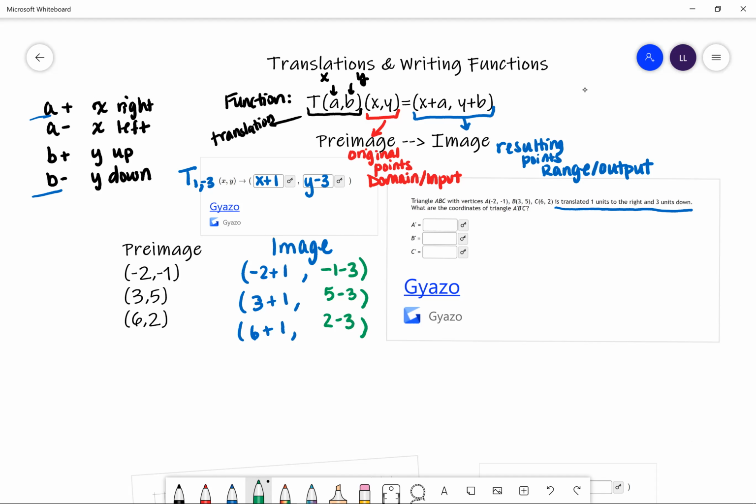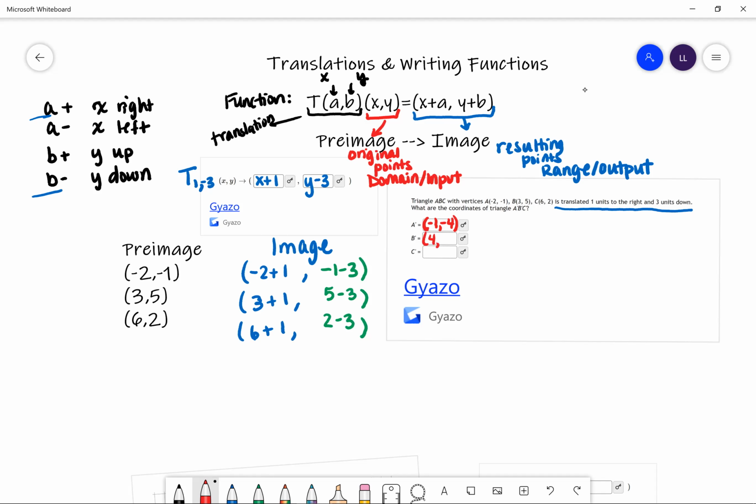And so now we just do the calculations and we have our new points. So -2 plus 1 is -1, and -1 minus 3 is -4. So that's our new A. B is going to be 3 plus 1, excuse me, is 4.